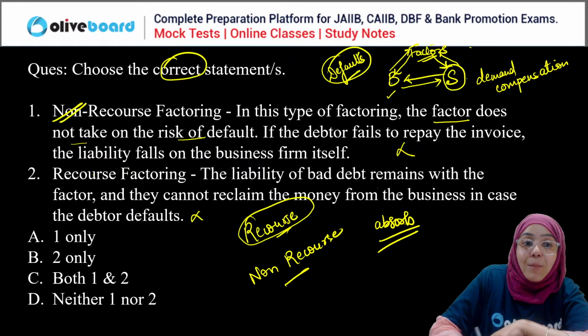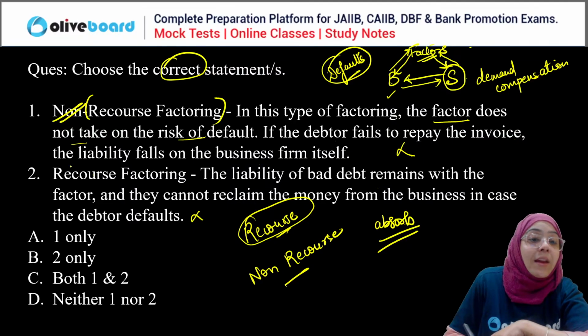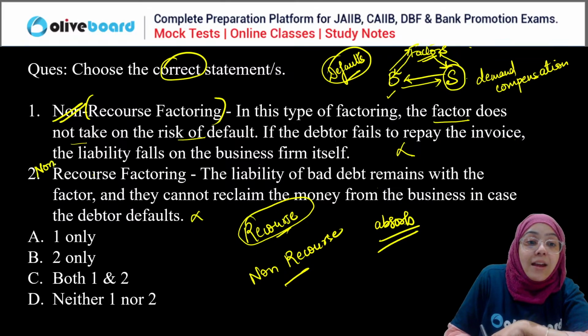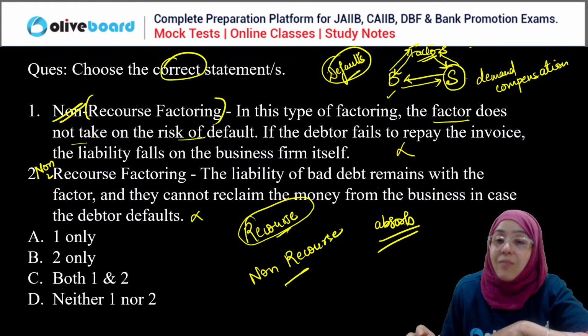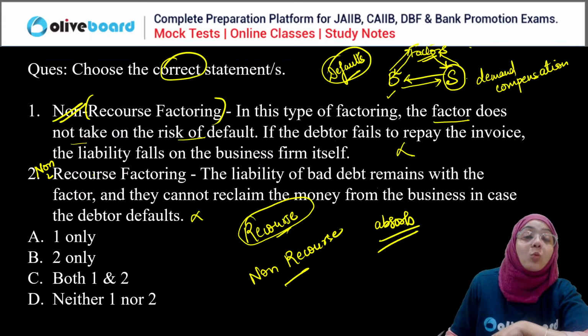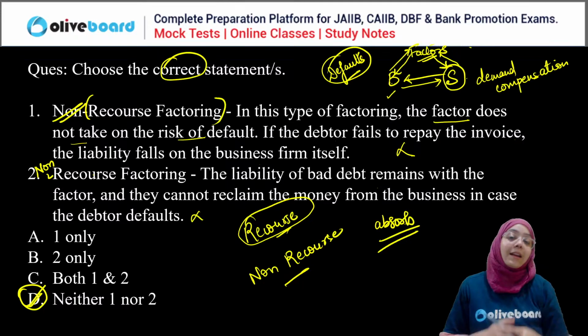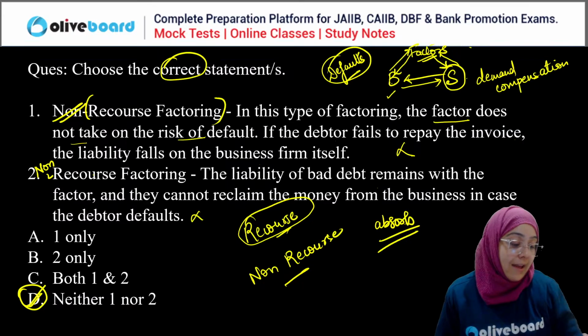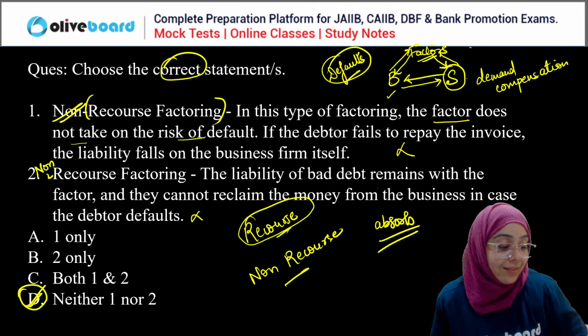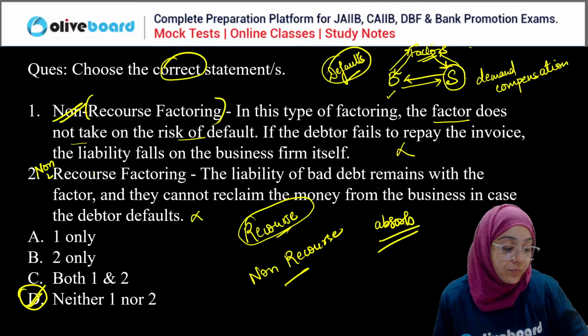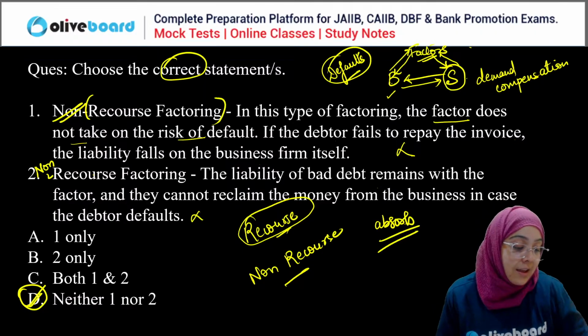The first statement is actually recourse factoring, and the second statement is non-recourse factoring. So neither one nor two is the correct answer. Clear? Any doubt in this?